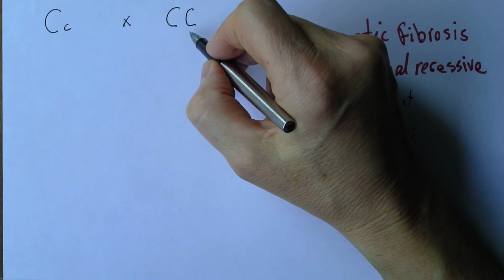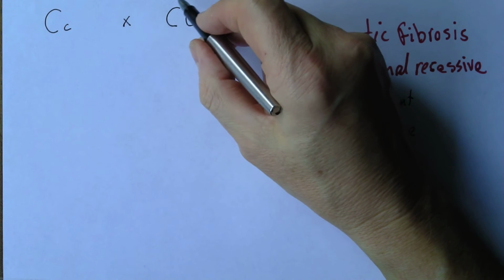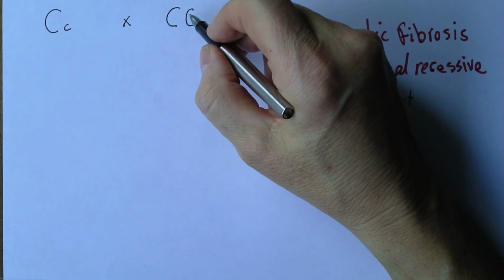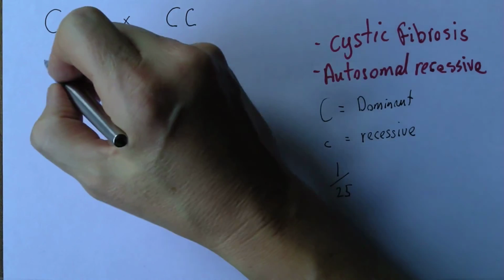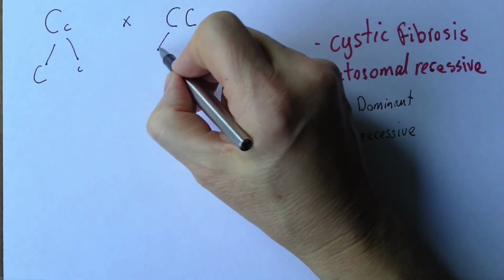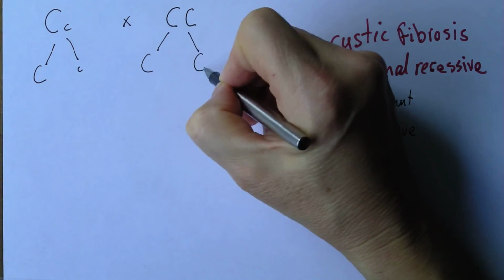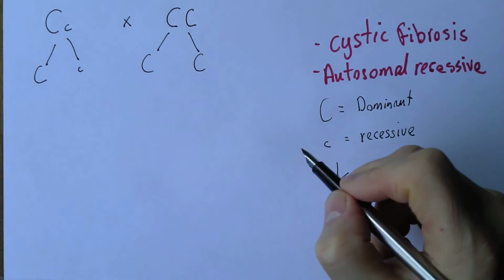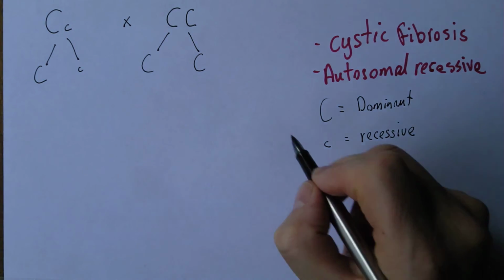They have 2 copies of the normal dominant gene, meaning of course they are phenotypically normal and indeed genotypically normal. Now let's see what would happen here. So we'll have that and a small c there, big C there and a big C there, as we saw on the 3rd video in this series.